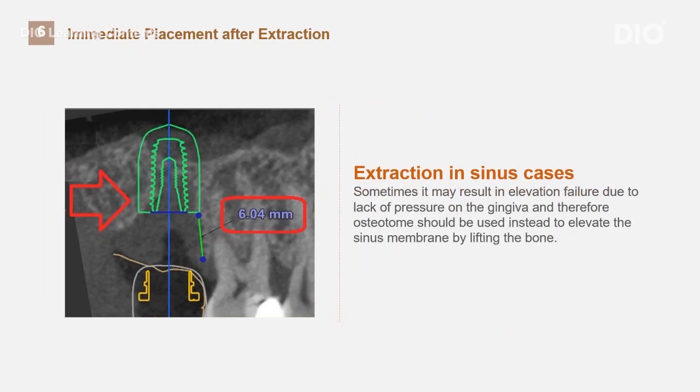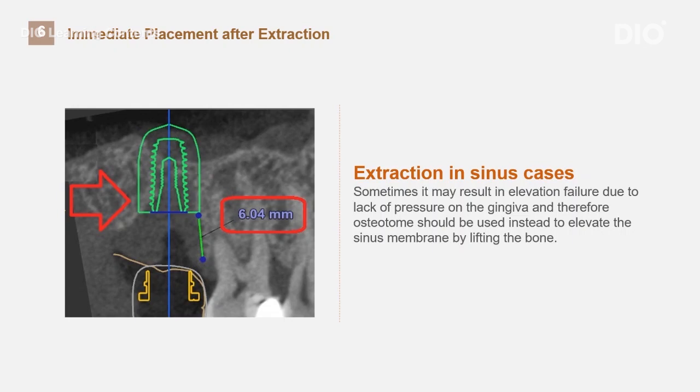Although it may vary from case to case, in cases where the maxillary sinus lift is required in the maxillary posterior tooth extraction case, the hydraulic lift may not be possible during the DIOnavi procedure. The head of the extracted tooth, the crown part, may be large, so that the pressure of the membrane tube may not be applied to the gums, or the cell line may leak between the extracted roots, so the sinus membrane may not be lifted.